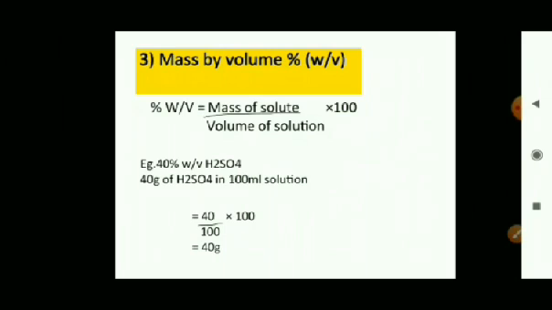Then the third term which is coming here is mass by volume percentage. What? Mass by volume percentage. First and second, what we did? Mass percentage, that is W by W. Then we did volume percentage, that is V by V. The third one is mass by volume percentage.